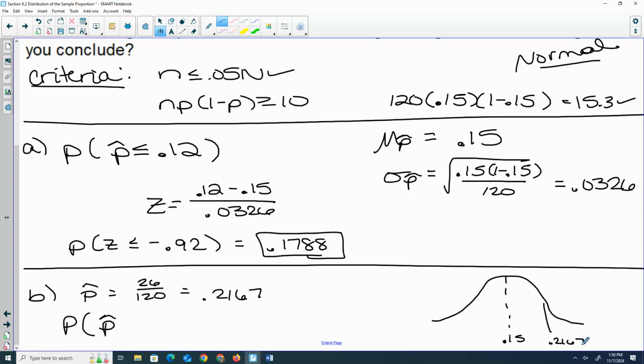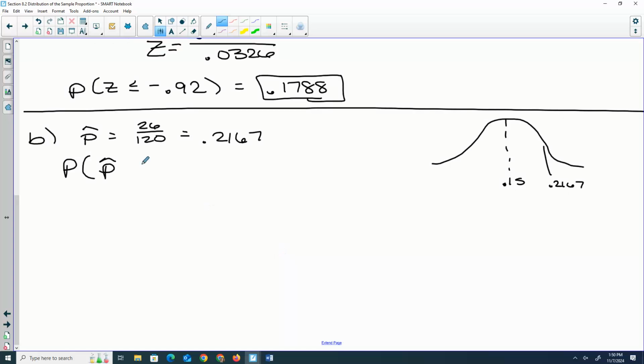We're talking about 0.2167. So if I want to figure out if this is unusual, what do I need to find the probability of? So turn it into a z. Our value minus the mean divided by our standard deviation.